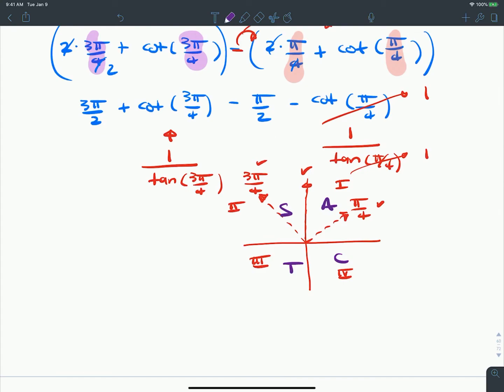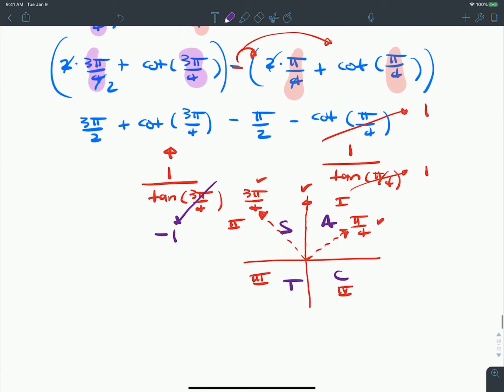So in quadrant 2, only sine is positive. That implies that cosine's negative and tangent's negative. And so if you remember from trigonometry, that means tangent of 3 pi over 4 is negative because the reference angle of tangent being pi over 4, way over here, we know tangent is positive 1. That's our reference angle.